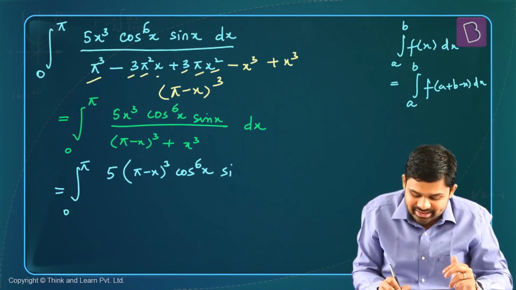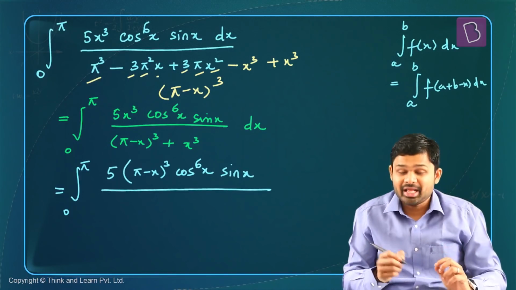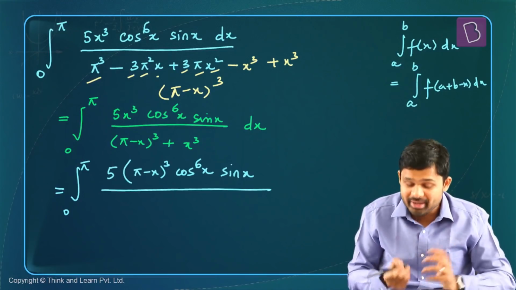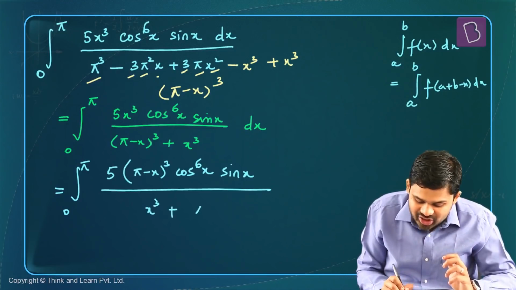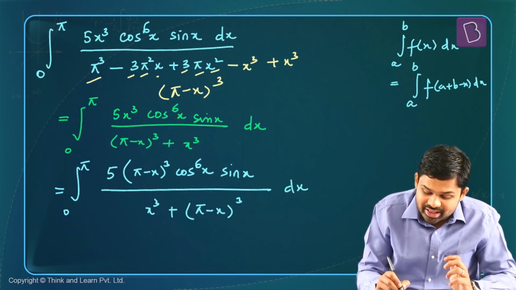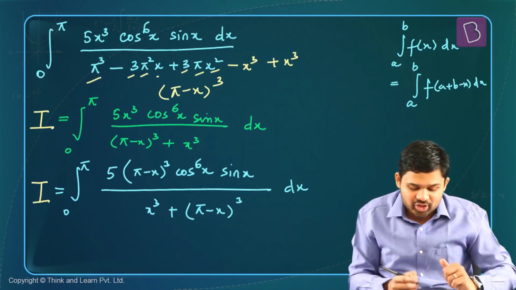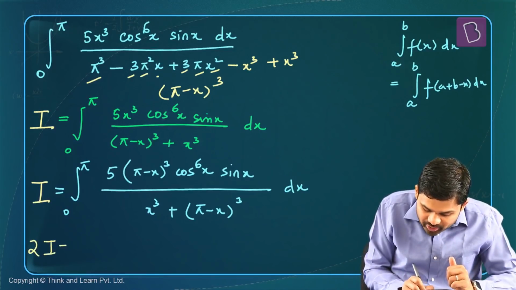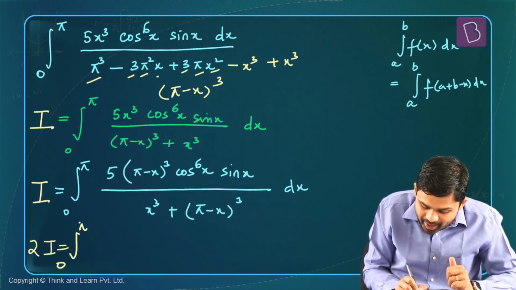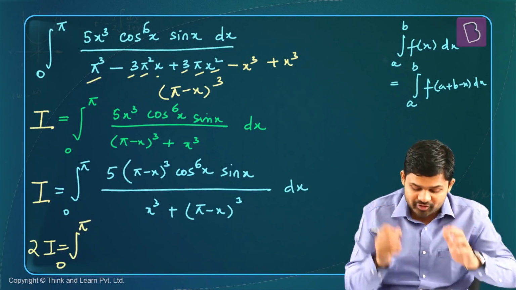Sine of pi minus x is anyways just sine x, so that's not going to change, divided by, now pi minus x the whole cubed will become just x cubed, but x cubed will become pi minus x the whole cubed. So this was I, this is also I. So if I add these two things, I get 2I to be equal to integral 0 to pi. Well, cos to the power 6x, sin x and 5, all of them are common.